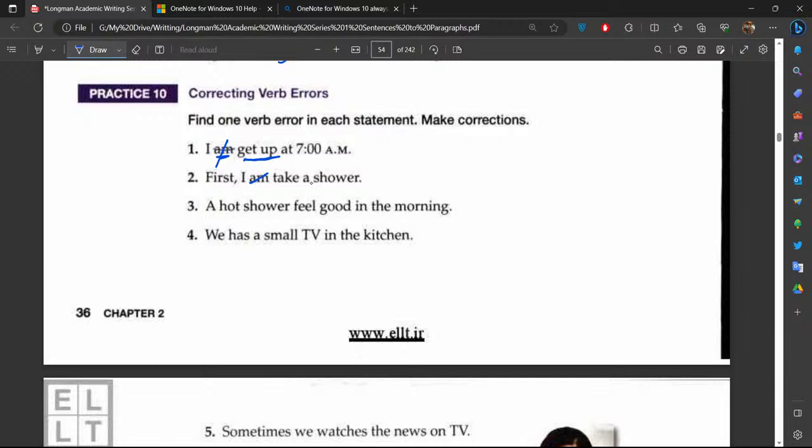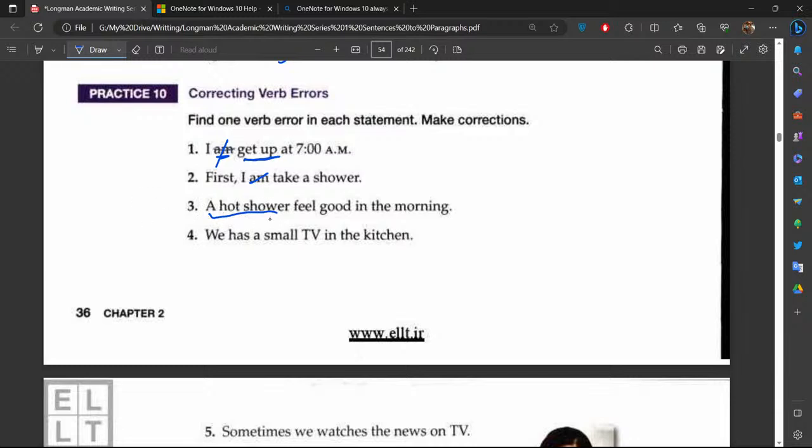I take a shower. A hot shower feels good in the morning. A hot shower is it, so you can see that this is like it, equivalent to it.